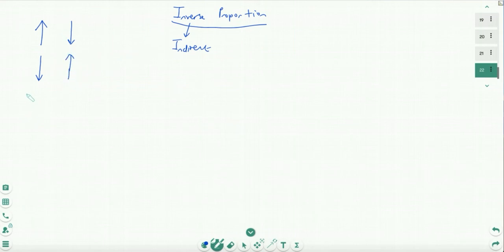So if we were to put this in a graph, let's say we have 2 variables, x and y. As x rises, y falls. As x falls, y rises. The graph for inverse proportion would look like this. As x is getting larger, y is falling like this. And this is a graph for inverse proportion, okay?